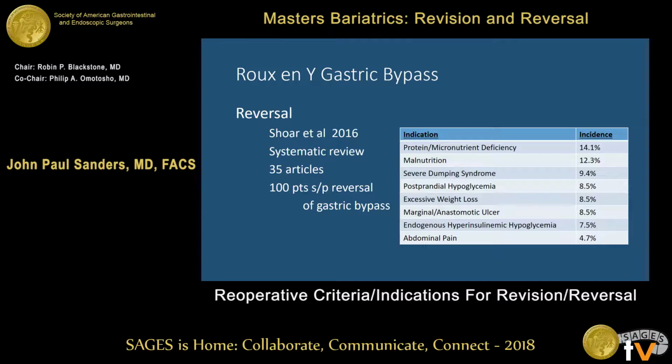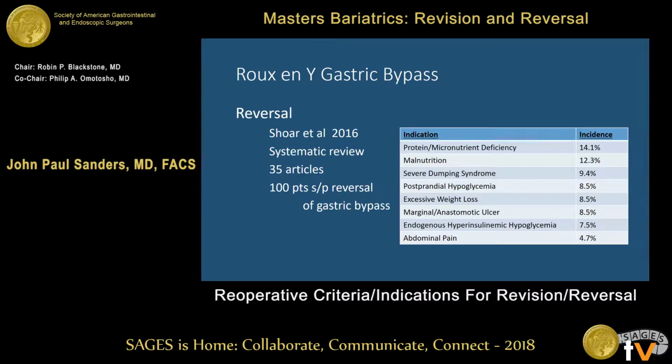Reversal is a much more interesting question. Shore et al. looked at 100 patients status post-reversal across over 35 articles, and he found a plethora of indications throughout those articles, mostly being nutritional and hypoglycemic.